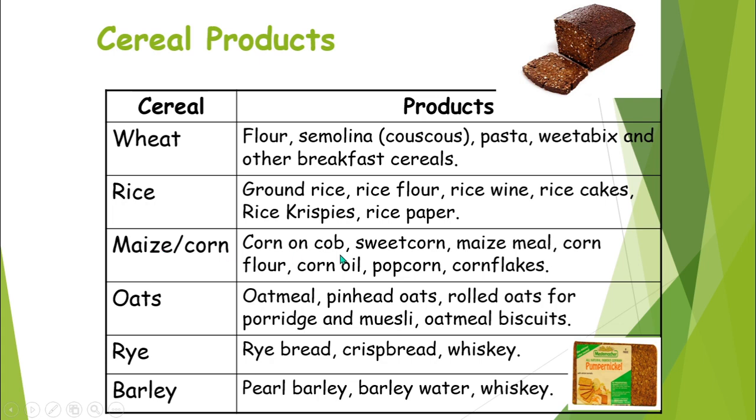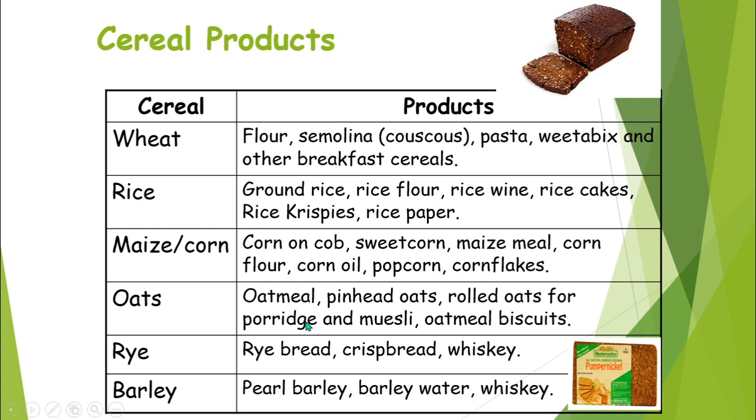Then maize or corn. Corn on the cob is used as a product in sweet form, in salty form, in roasted form, in boiled form. Sweet corns are available, maize meal, corn flour, corn oil, popcorns, cornflakes. Cornflakes are very much used these days as a very important breakfast diet.